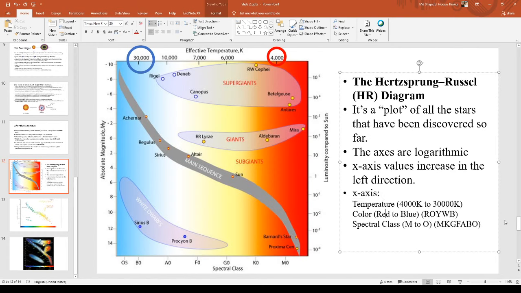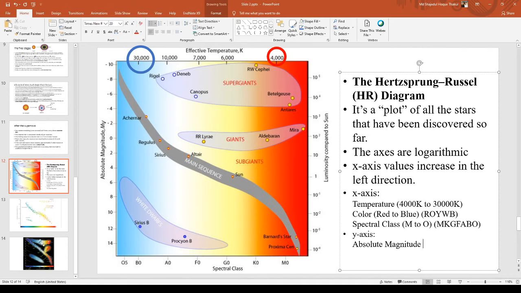Now let's talk about the y-axis. Now you're gonna get even crazier. The y-axis can be one of two things. Y-axis can be absolute magnitude. Remember, absolute magnitude, not relative magnitude.